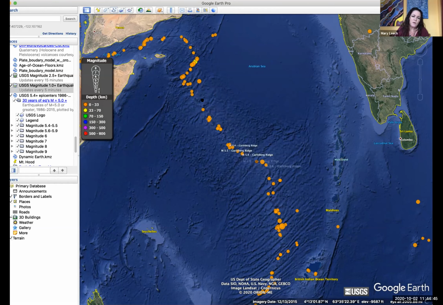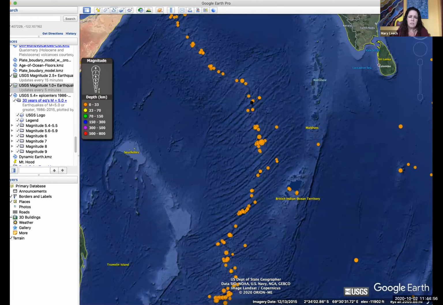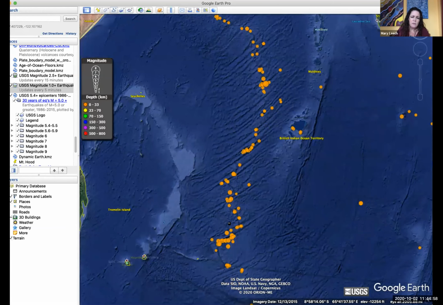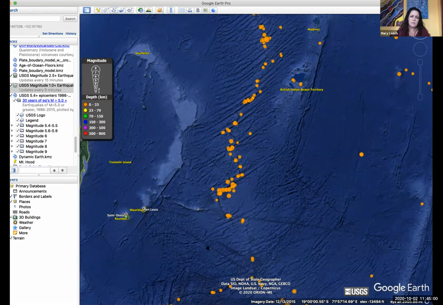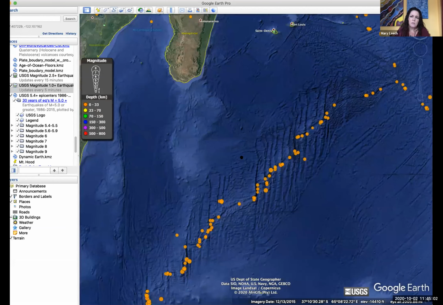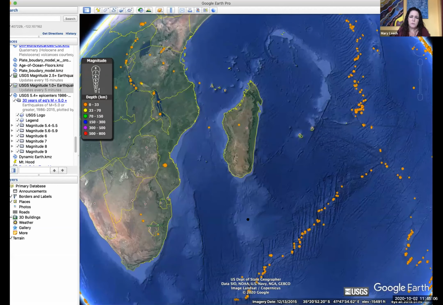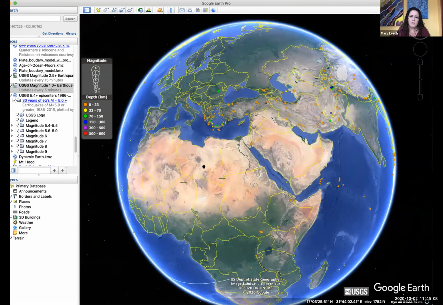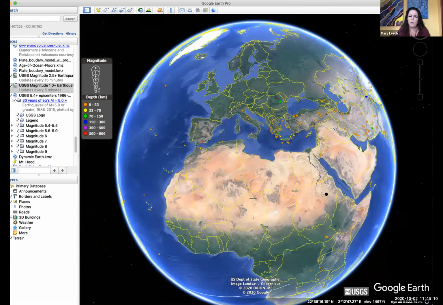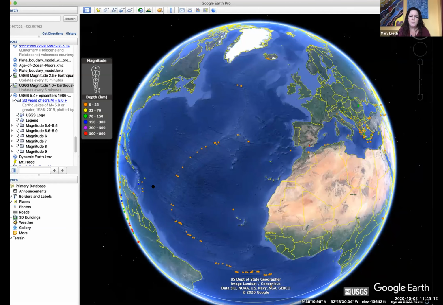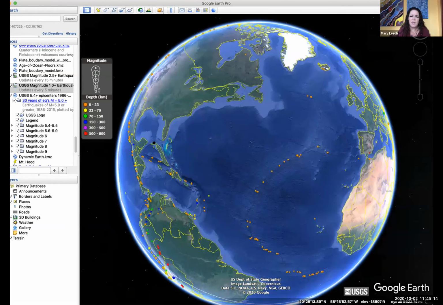And the earthquakes are right in the middle of the mid-ocean ridge, and they're mostly symmetrical across those ridges. That's the kind of pattern that I'm asking about. And hopefully you can talk about all three plate boundary types and do the same kind of thing.